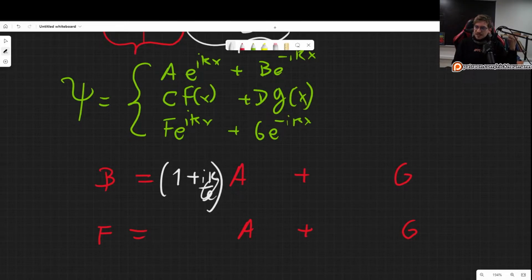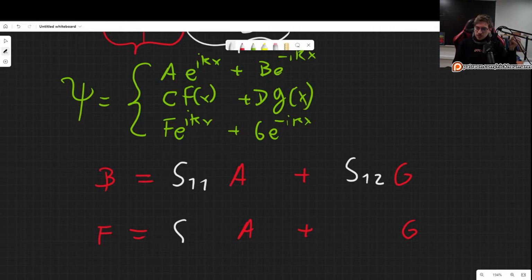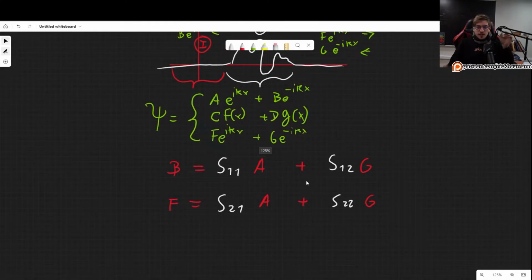We have seen something regarding exponentials, and there's a lot of possibilities. But just in very general terms, we are going to call it S11, and you will see why that name. We'll call this S12. It's simply some constant, and this is S21 and S22. So this is what we have been doing the entire time.